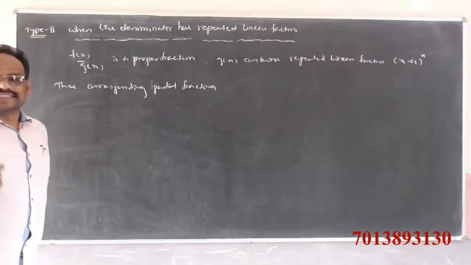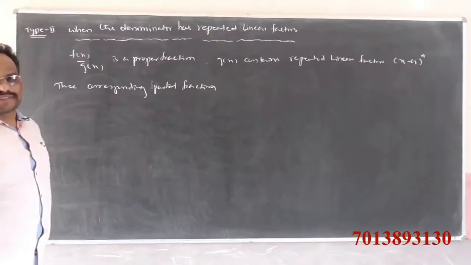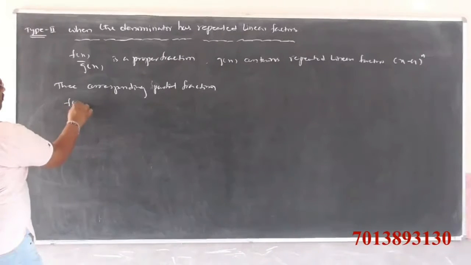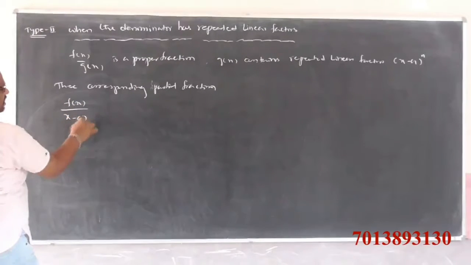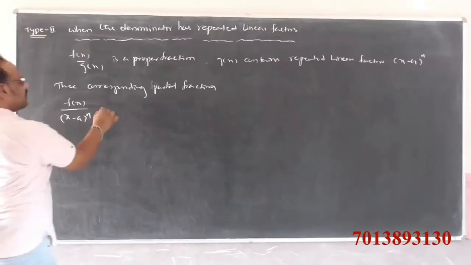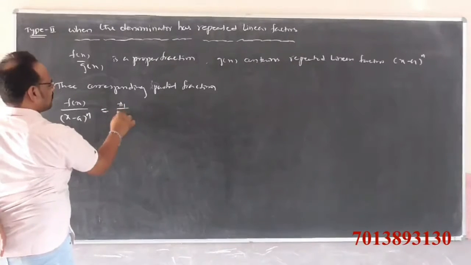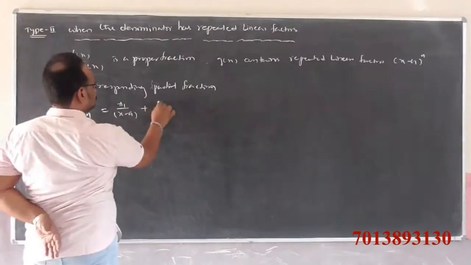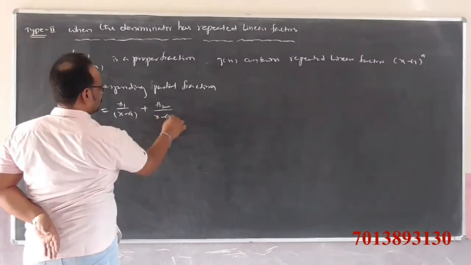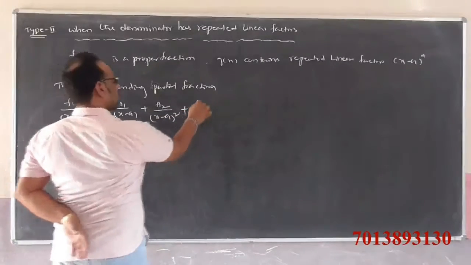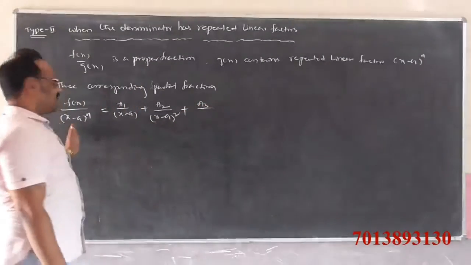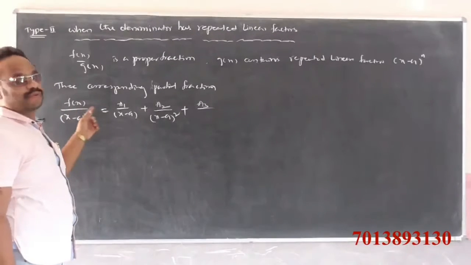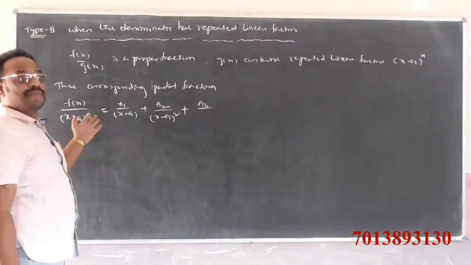When the denominator contains repeated linear factors, how to convert it into partial fractions means, f of x by x minus a whole to the power n can be written as a1 by x minus a plus a2 by x minus a whole square plus a3 by x minus a whole cube, up to n times. So this is a repeated linear factor.